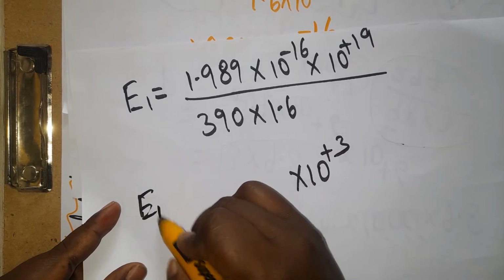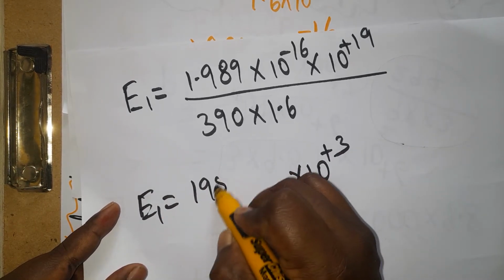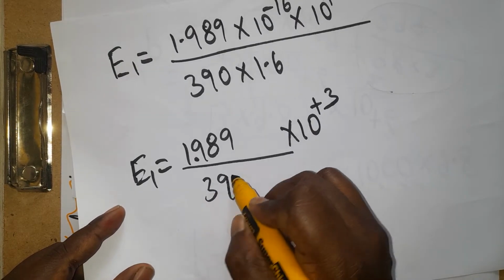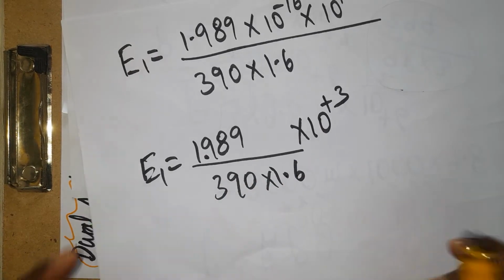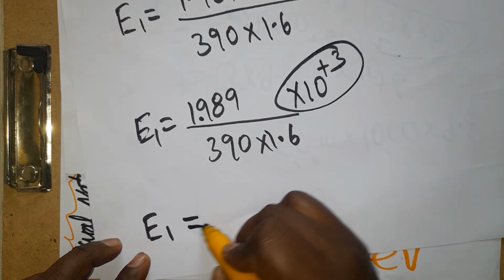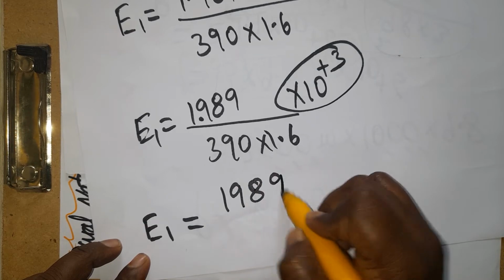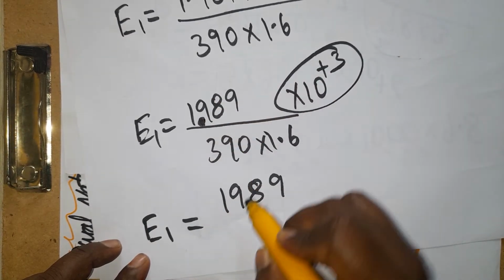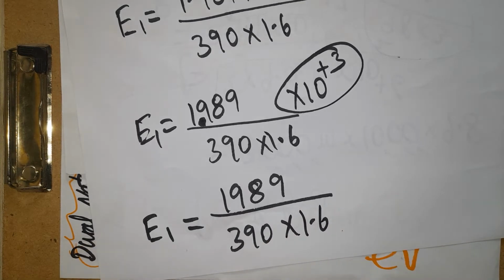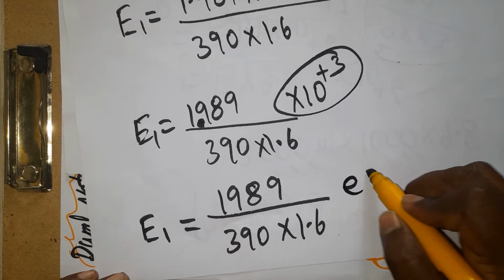So E1 is equal to 1989 divided by 390 into 1.6, because the 3 zeros let you move the decimal. This final calculation will give us the answer in eV.